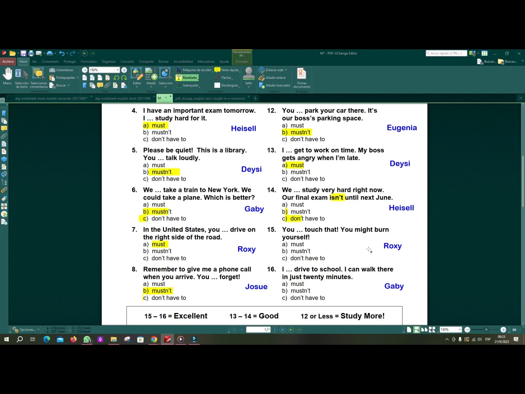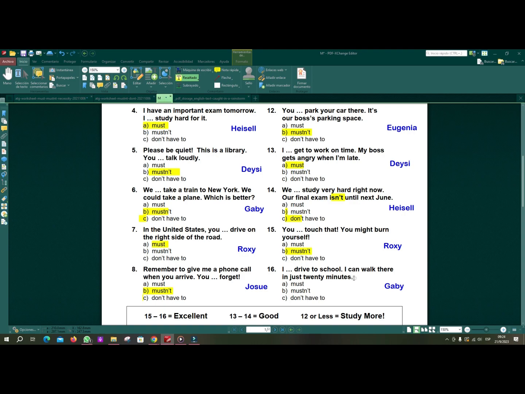Okay. And what do you think about B? Mustn't? Okay. So it says, if you touch that, you might burn yourself. You mustn't do that. Nice, Miss Roxy. And the last one, Gabi. I drive to school.